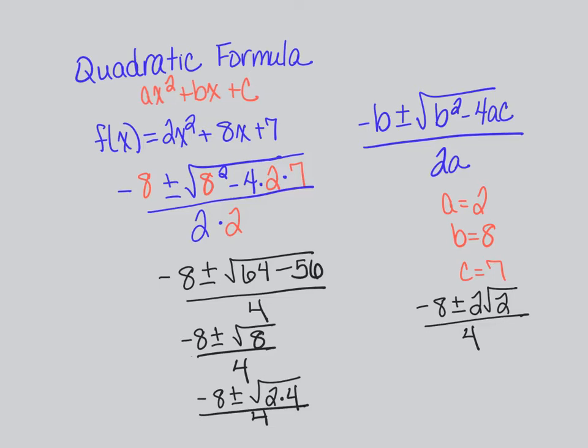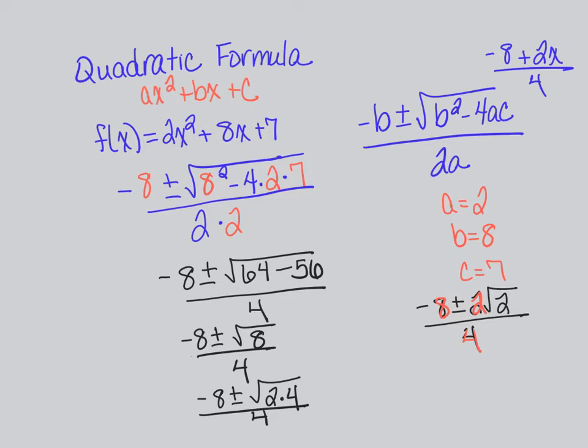Now, I have something common here, here, and here. If it's not common in all three places, you can't simplify it. Think about it the same way that you would think about -8 plus 2x over 4. Okay?